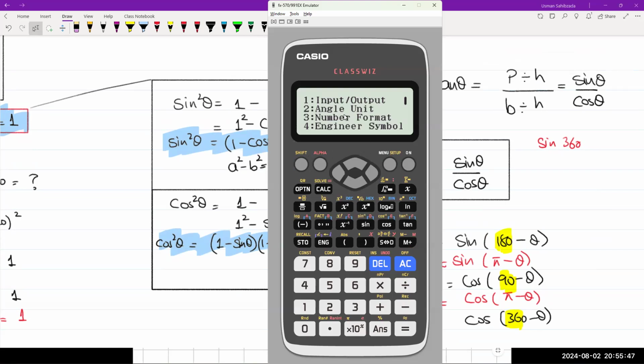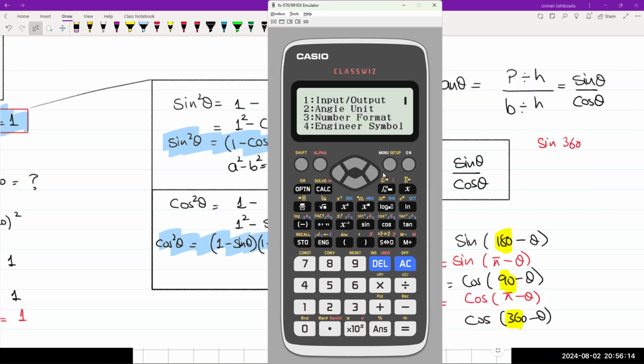Press the shift, press the menu, go to the angle unit. There choose the mode, radian. So I know from memory that 30 is pi by 6. 30 degrees is the same as pi by 6. So I put pi upon 6 and I get half when it's in radian.